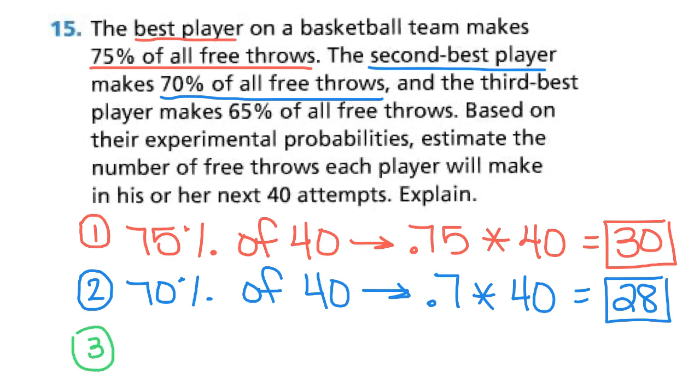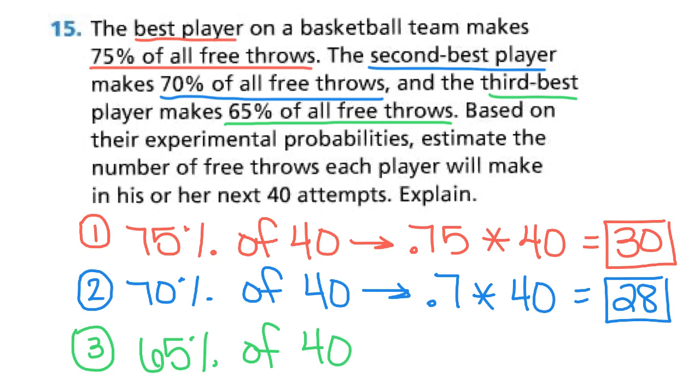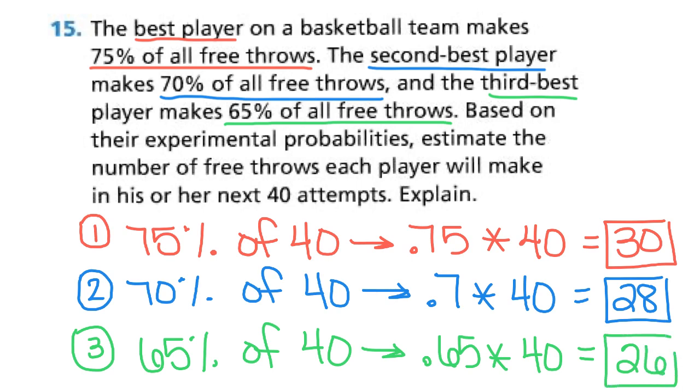Now our third best player is estimated to make 65% of all free throws. So we're going to go through the same process, and we're going to find 65% of the next 40 attempts. Same thing, 0.65 is our 65%, of tells us to multiply, and we're going to multiply it by 40 and find that the third best player should make 26 of his next 40 attempts.